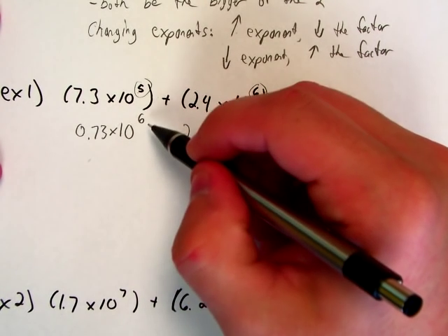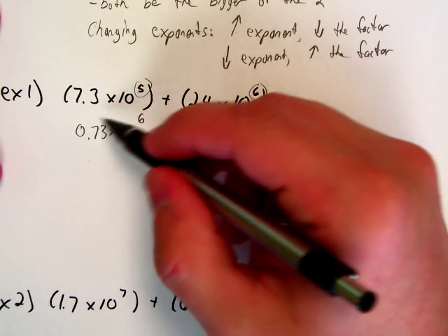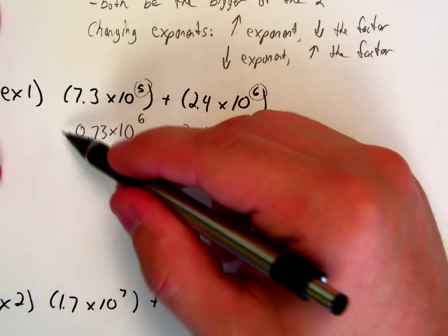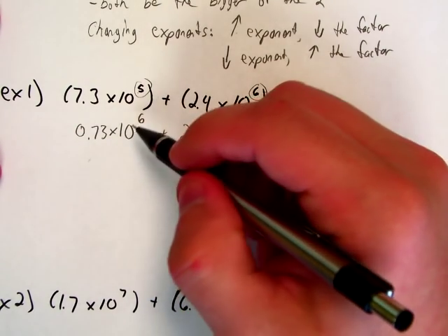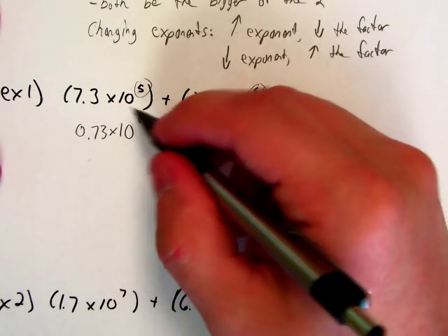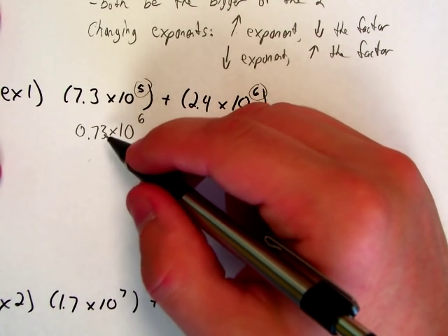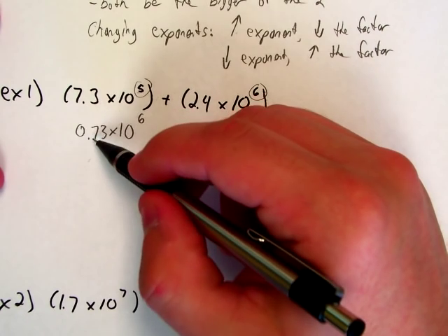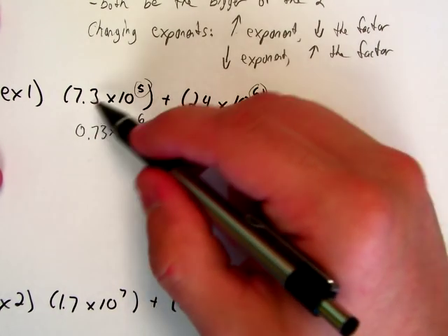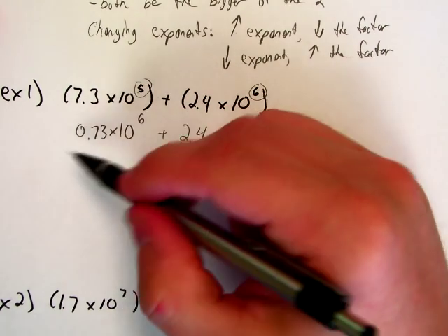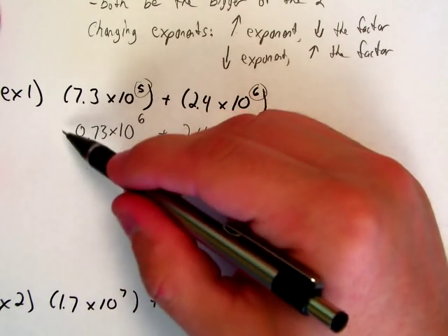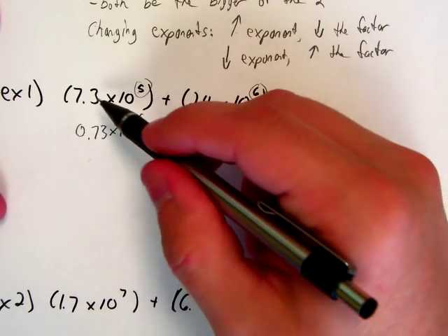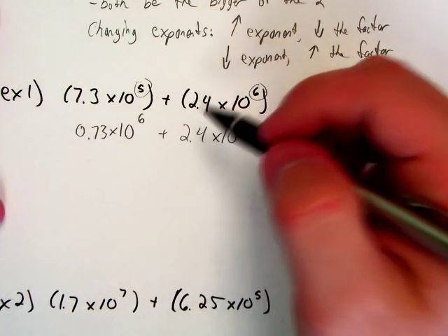So in order to keep everything the same, if we multiplied by 10 here, we need to divide by 10 on this side to keep everything balanced. Add something to one part, I need to take away something from the other to stay balanced. So that's what happened here when I did 7.3 to 0.73. Again, this is not written correctly in scientific notation, but this is part of the process to help us add these two numbers.